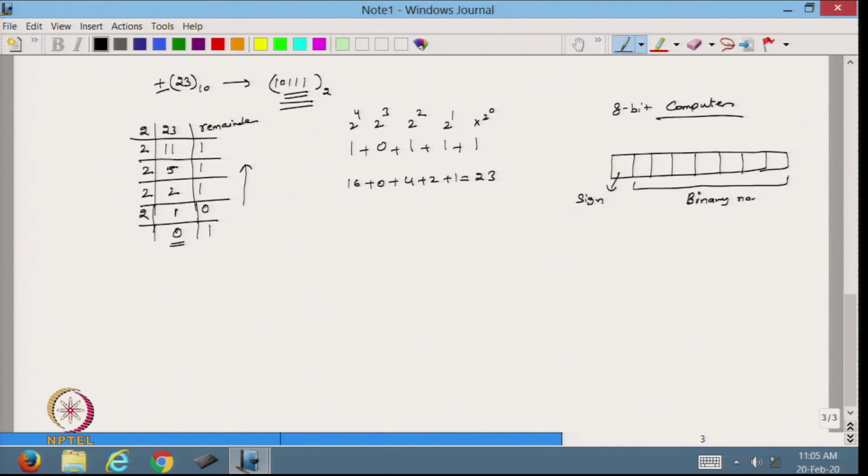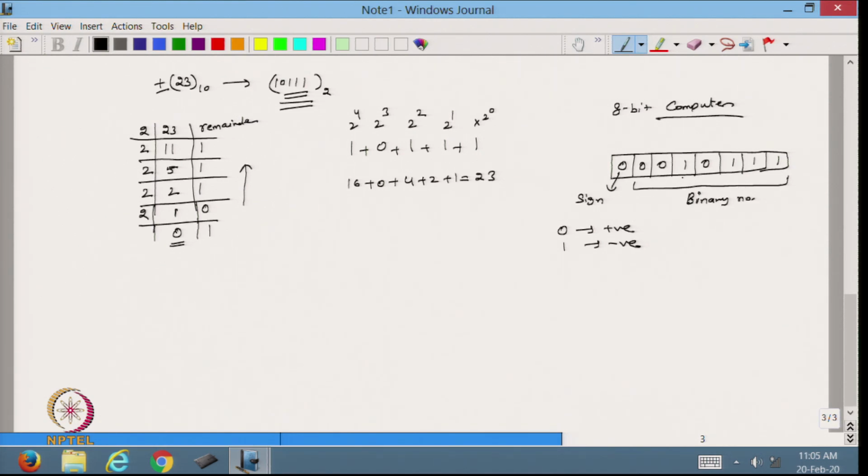So in this case if I want to put 23 here, this will be 0 0 1 0 1 1 1 and this is a 0. This 0 is for positive and 1 is for negative. That is the way this 23 will be saved in the computer.